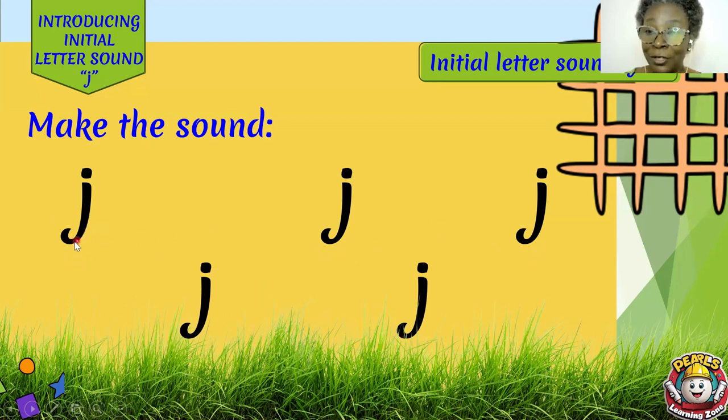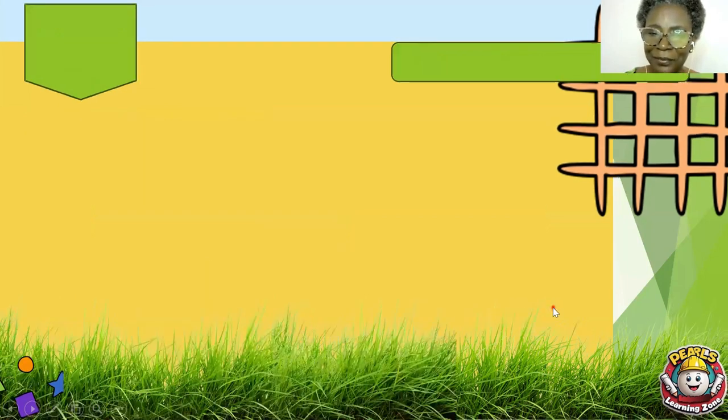This is the correct way to make the sound. Can we do it one more time together? J. Again. Try again. For the last time. J. Amazing children. Well done.